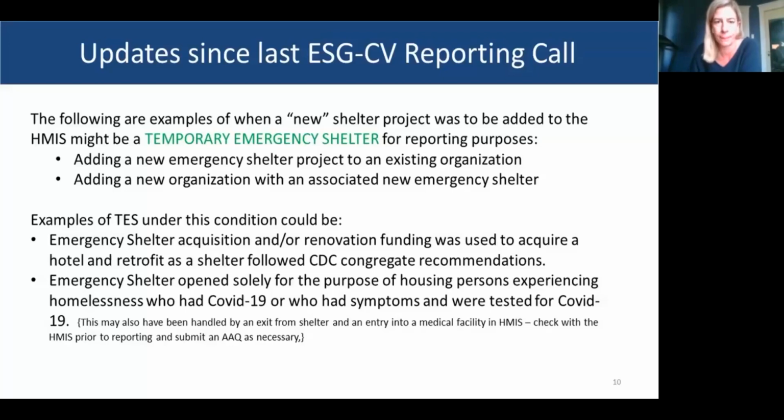So you didn't have to do new data entry, and everybody should have been entered into your HMIS shelter program, and you're just going to report all those people that are entered into the HMIS shelter program. We tried very hard not to have you do extra data entry for this. So we tried to use your existing emergency shelter structure as much as we could.